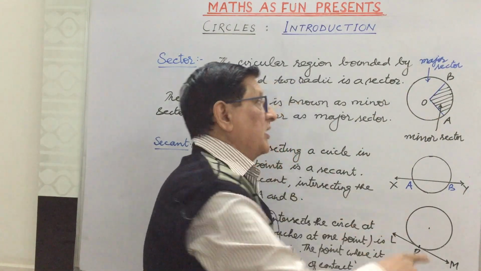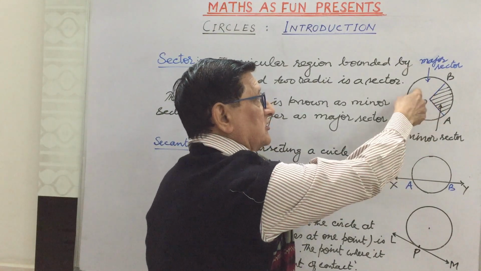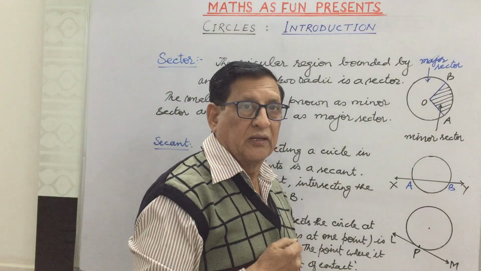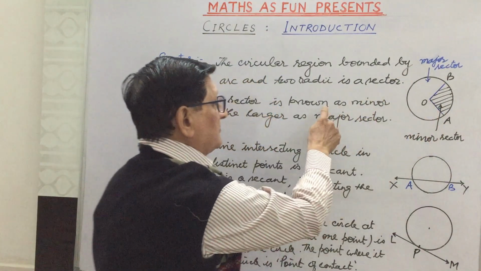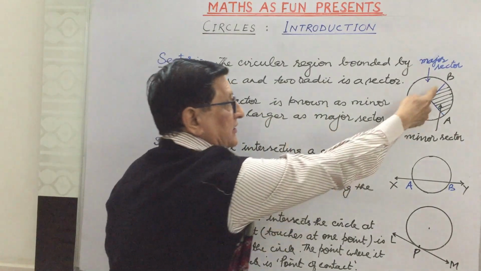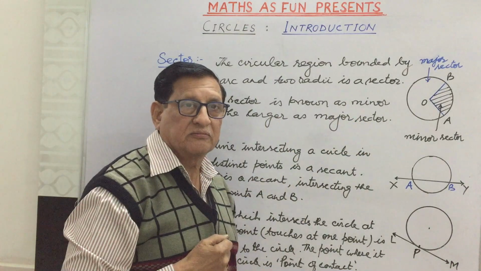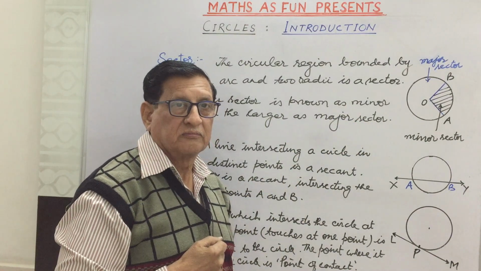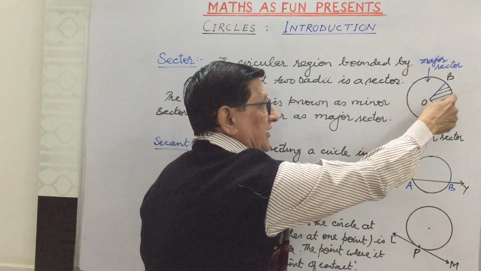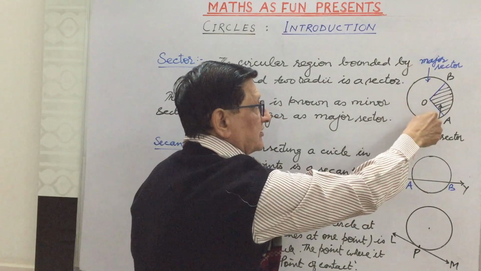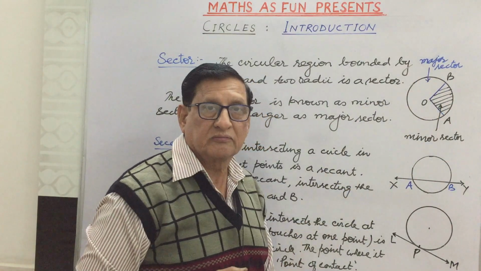It means a pair of radii also divides the circle into 2 sectors. The smaller one is known as the minor sector and the larger one is known as the major sector. So here you can see the shaded is the minor sector, the unshaded one is the major sector.